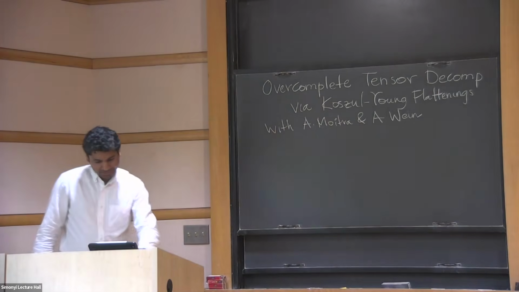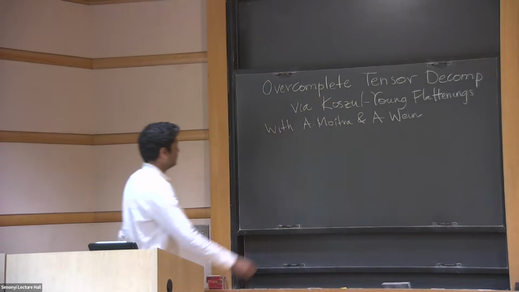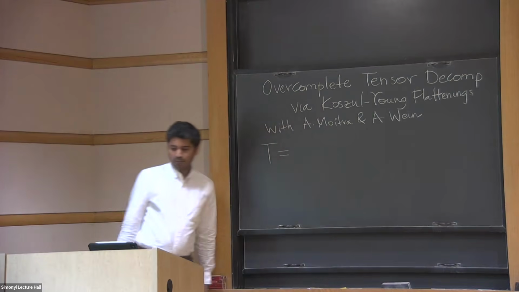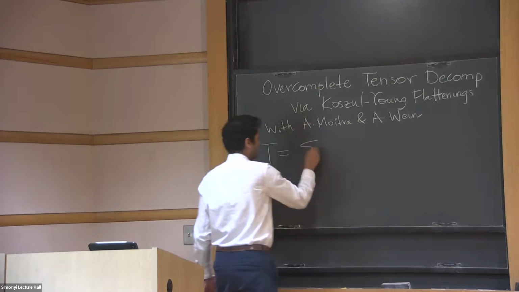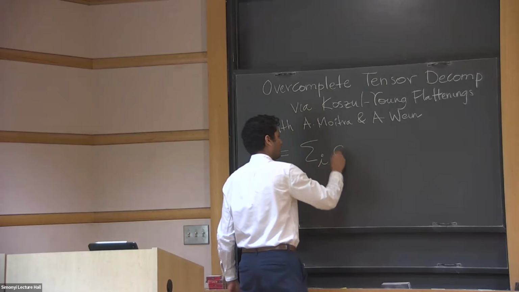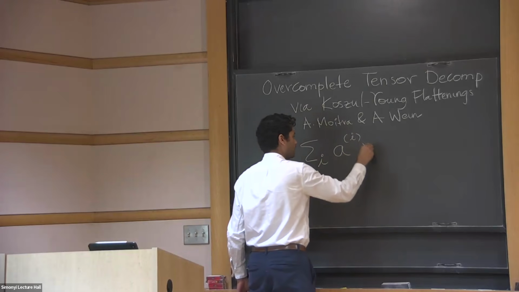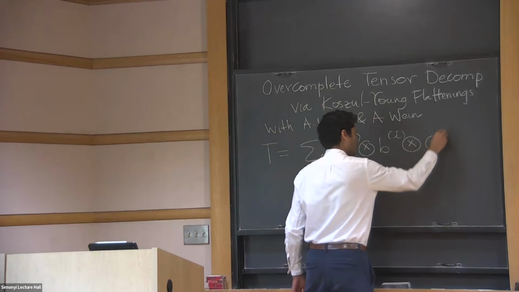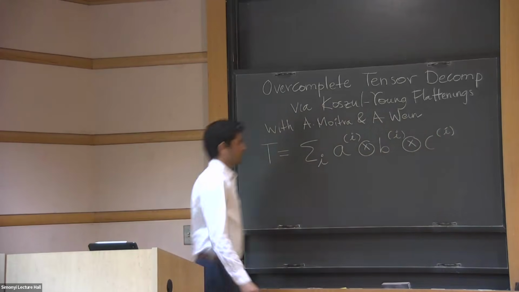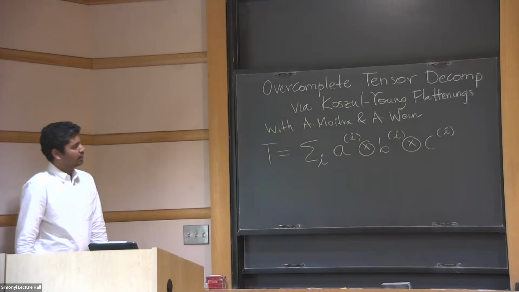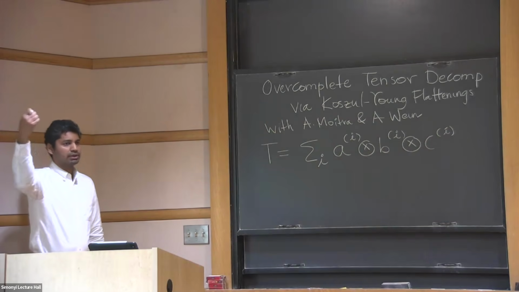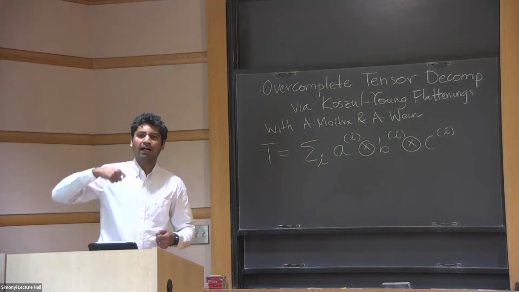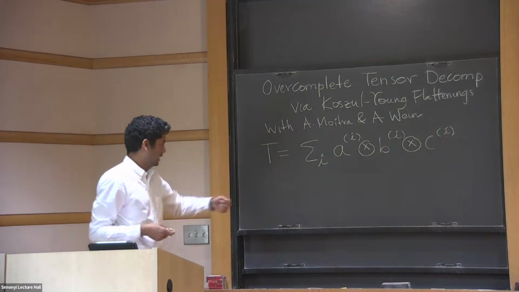Okay, so here's the question I'm going to be interested in. A tensor for me would be an object of the following type. When I write a to the bracket i, I mean I have a sequence of vectors, and the ith vector in the sequence is a to the i.